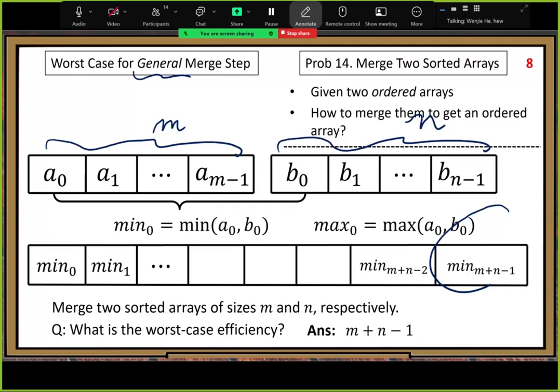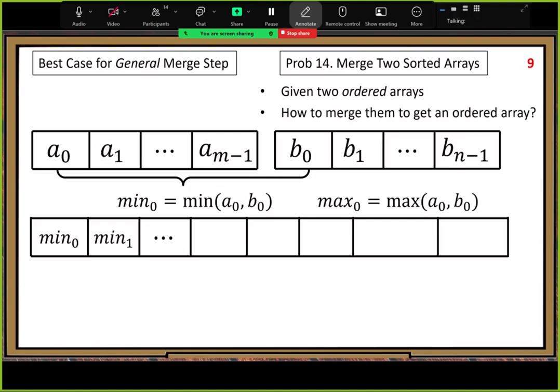Next, we need to look at the best case for the merge step. This time, let's just look at the best case for the general merge. Because it's pretty easy, we can work on the general case directly.